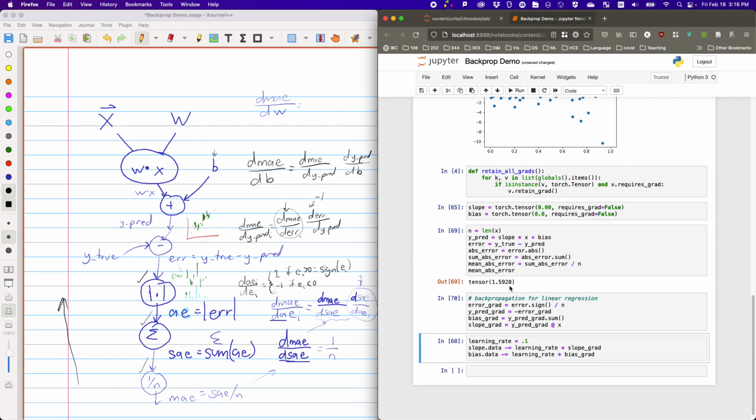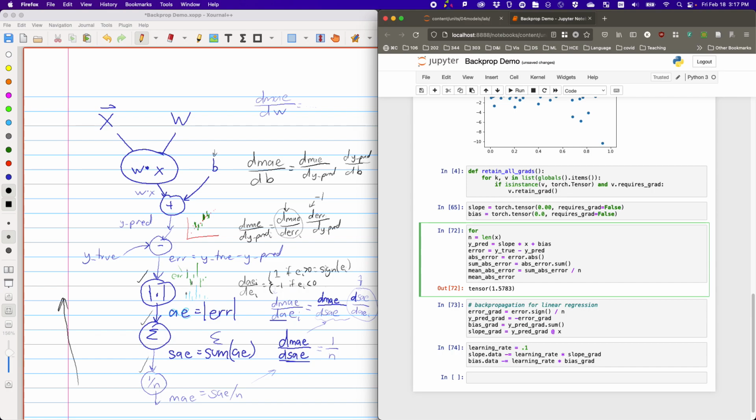1.592, backprop again, descend. 1.573, backprop again, descend. So let's just take this and put it in a loop. Let's do this 10 times and print our mean absolute error each time.